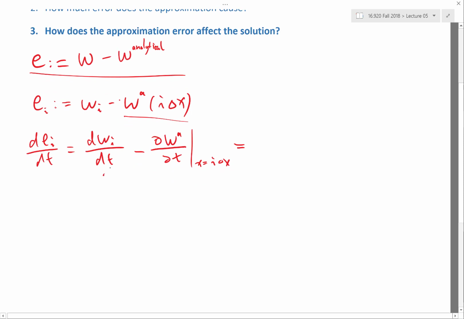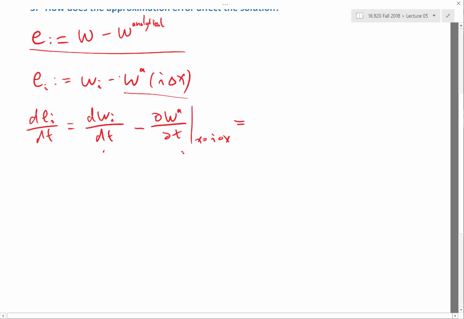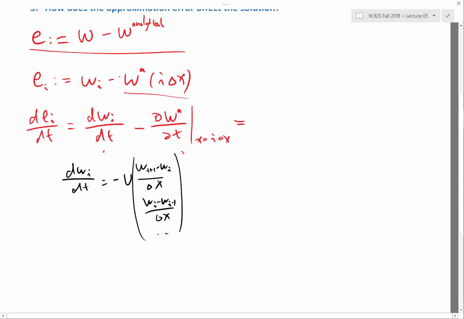Now we can plug in the respective finite difference operator and the analytical operator. We know that the numerical solution satisfies dW_i/dt equal to minus u times, in the three cases, either (W_{i+1} minus W_i) over delta x, or (W_i minus W_{i-1}) over delta x, or the average of them. While partial W^A partial t satisfies minus u times partial W partial x.